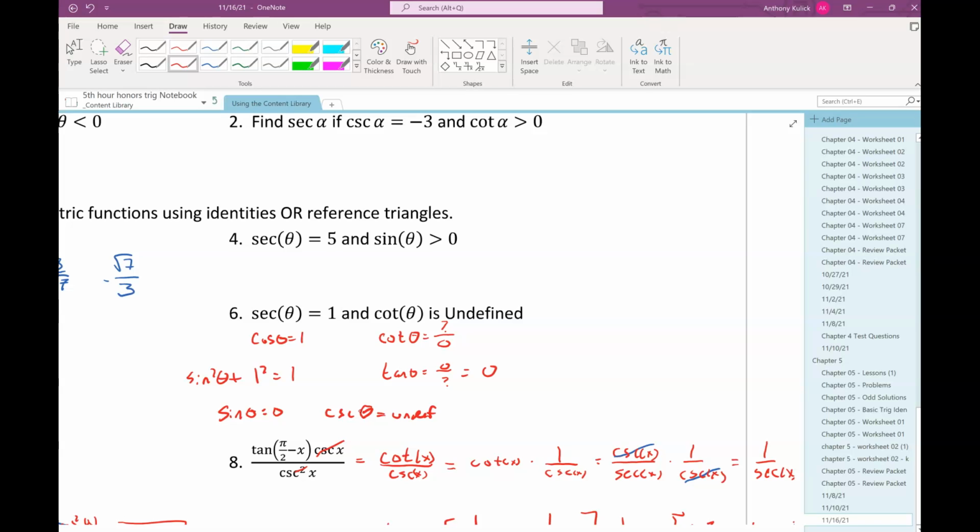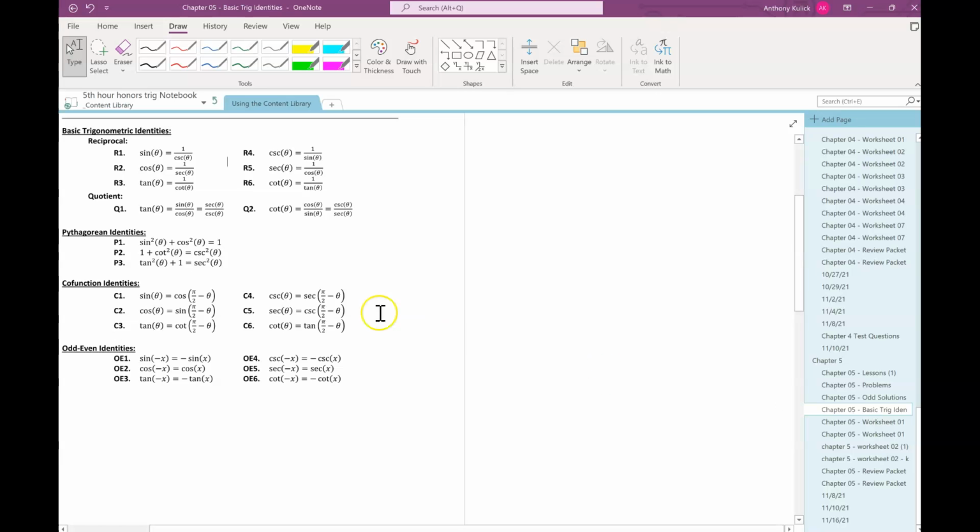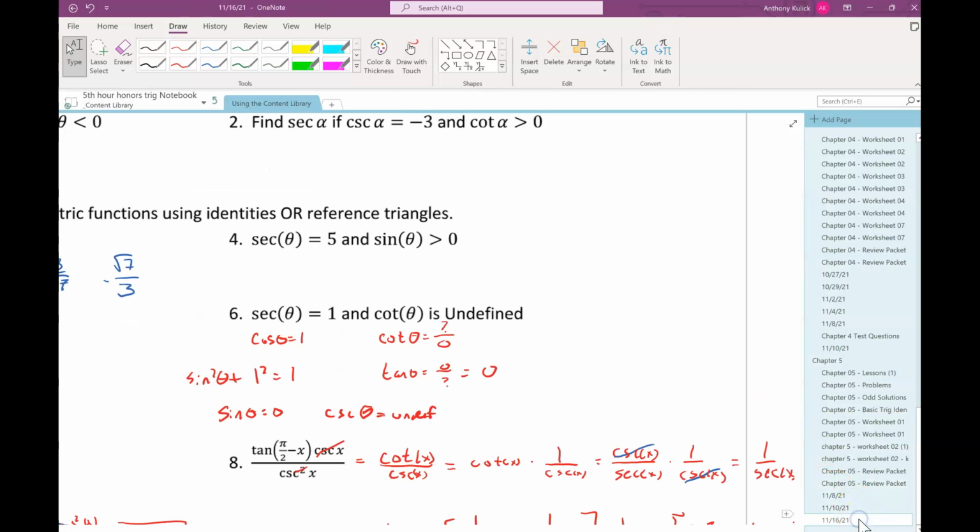So I'm going to be using, let me just double check the number on it. I'm going to be using the second Pythagorean identity because it has cosecant and cotangent in it. So I have 1 plus cosecant squared is going to equal cotangent squared.